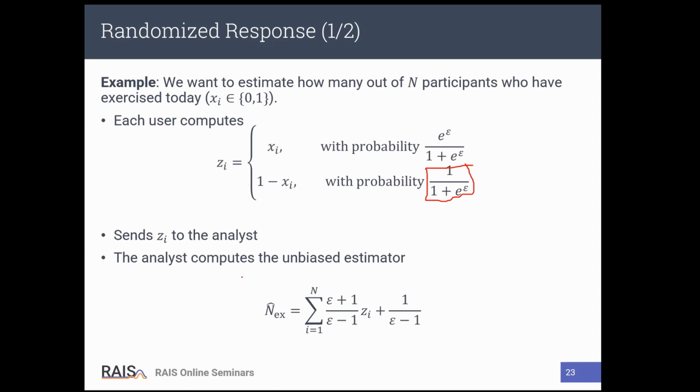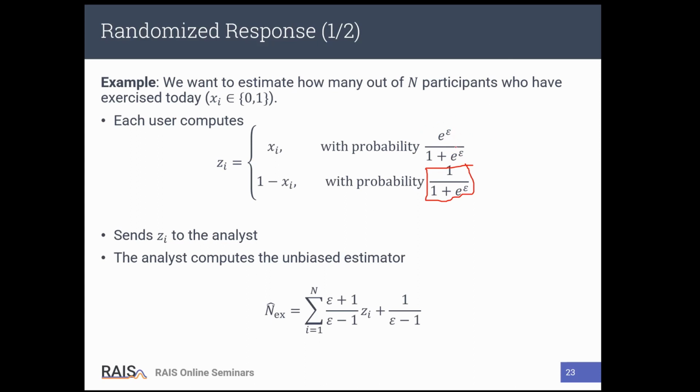This way he can estimate how many of these participants have exercised today, and this is completely differentially private. If you do the math, these probabilities appear very weird, but the catch is that the ratio is actually e to the epsilon.